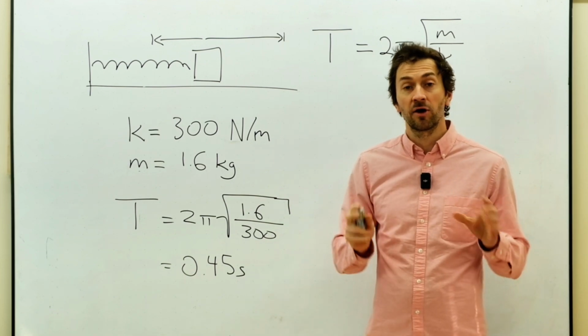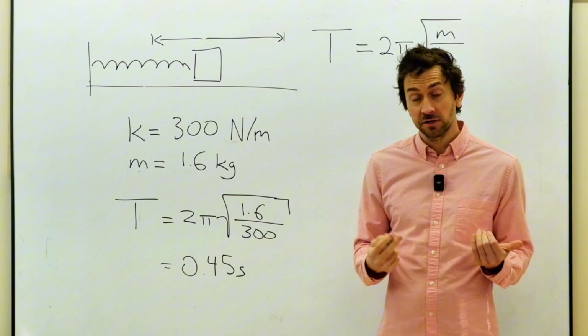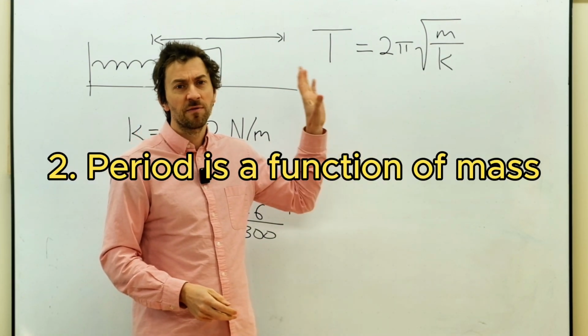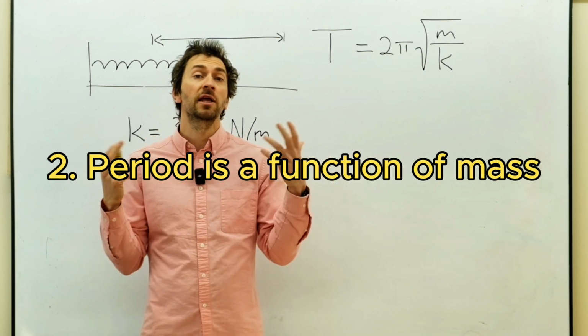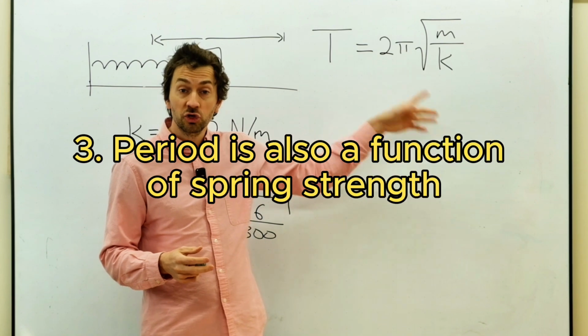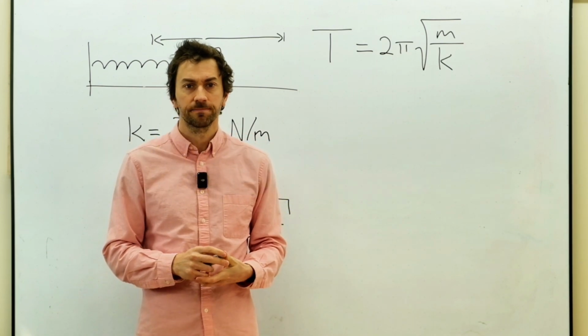So it doesn't matter how far it's traveling. What does matter is the mass of the block and the strength of the spring. Basically, this formula is saying if a block is heavier, it will take longer to travel, but if a spring is stronger, it will make it go faster. And that kind of makes sense.